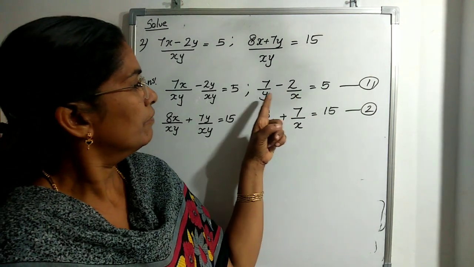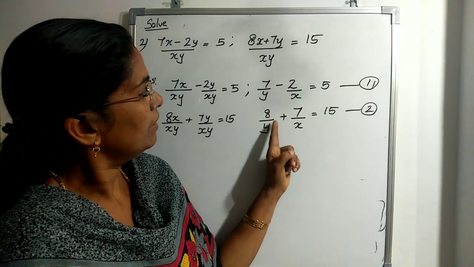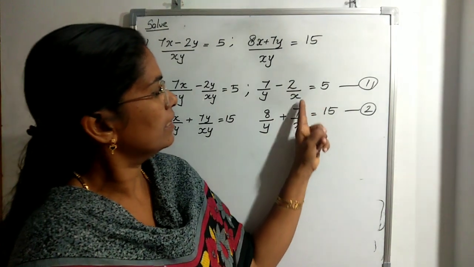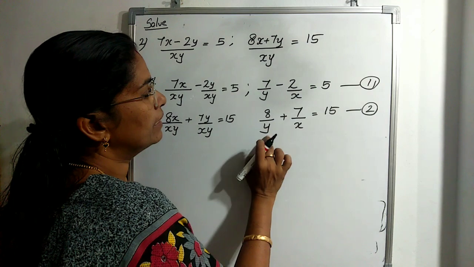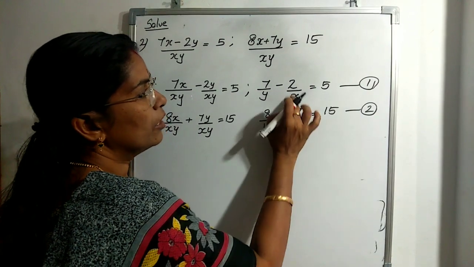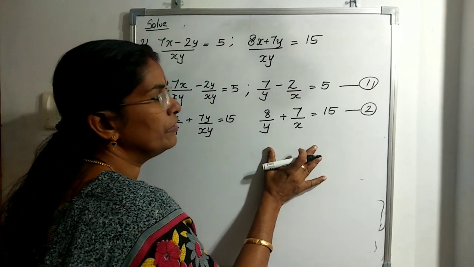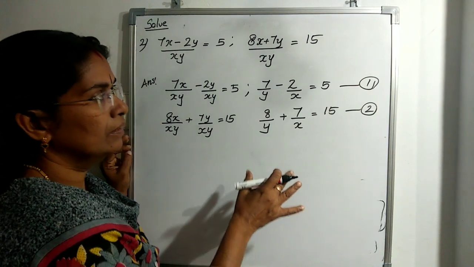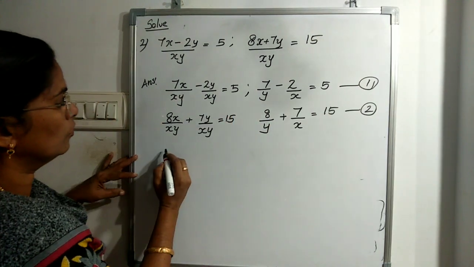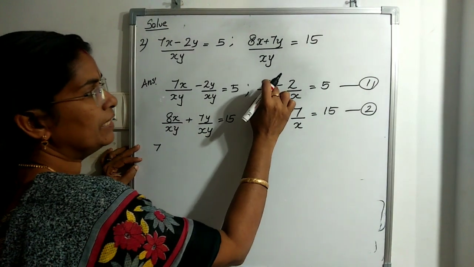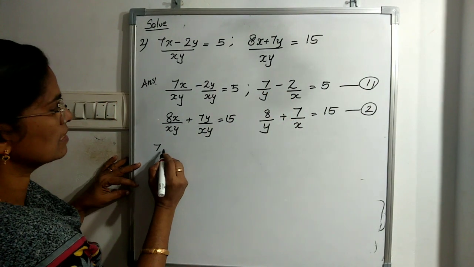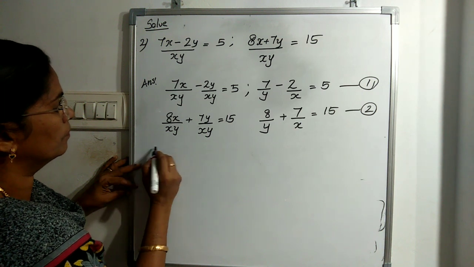Here in the first equation it is 1 by y and here also 1 by y. Next 1 by x and another one also 1 by x. You have to check each denominator is the same. If the denominators are the same, we can substitute with another variable. The same method we are following. So we can write 7 as 7 into 1 by y, or 7 into p.